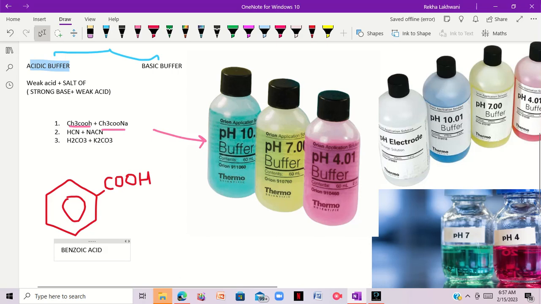Its salt will be potassium benzoate, or you can say sodium benzoate.